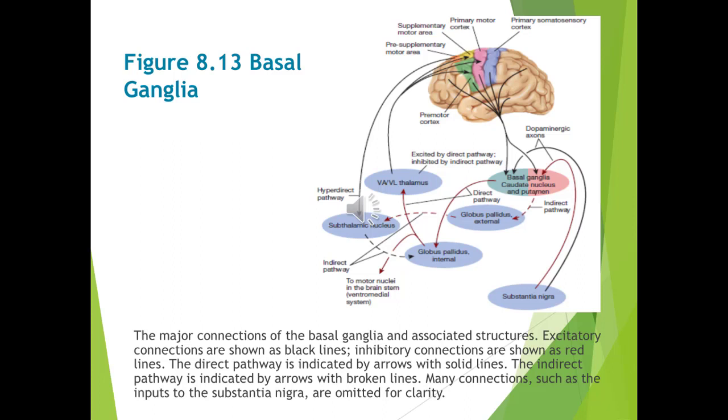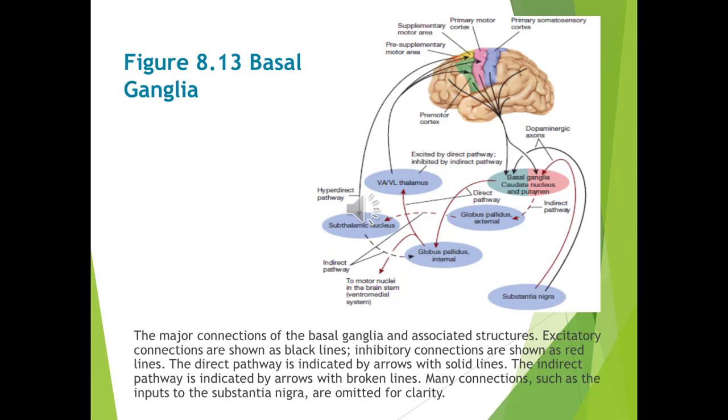So the basal ganglia receive most of their input from all regions of the cerebral cortex and also the substantia nigra. They influence movements under control of the primary motor cortex, and they exert some direct control over the ventromedial system. This image, which is kind of a complicated and messy image, shows the lateral view of the brain with all the cortical areas labeled.